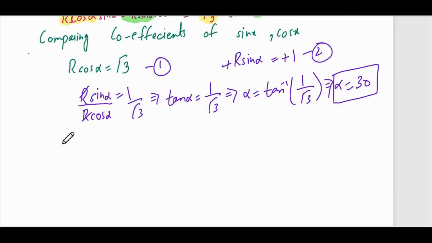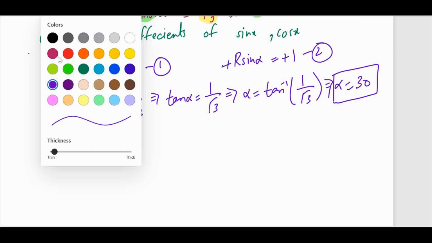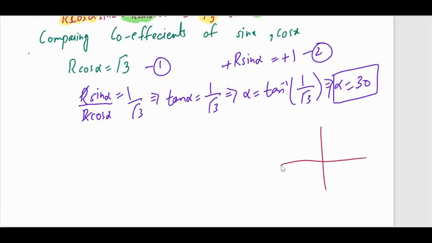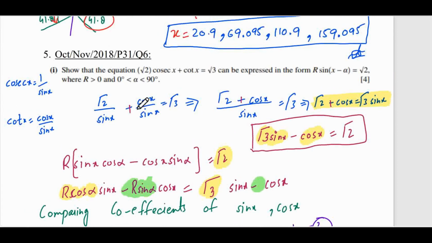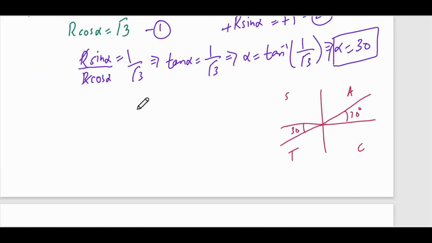Now from here onwards we will use the concept of CAST. So tan is positive in two quadrants. The first one will be this one, and the second one will be this one. This will be 30 degrees. This will be 30 degrees. Now let's see the range. Range is from 0 to 90, so we will ignore the next one.